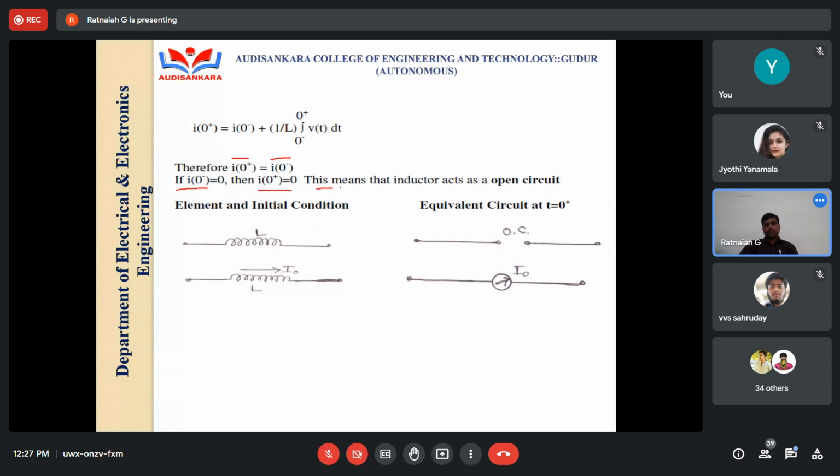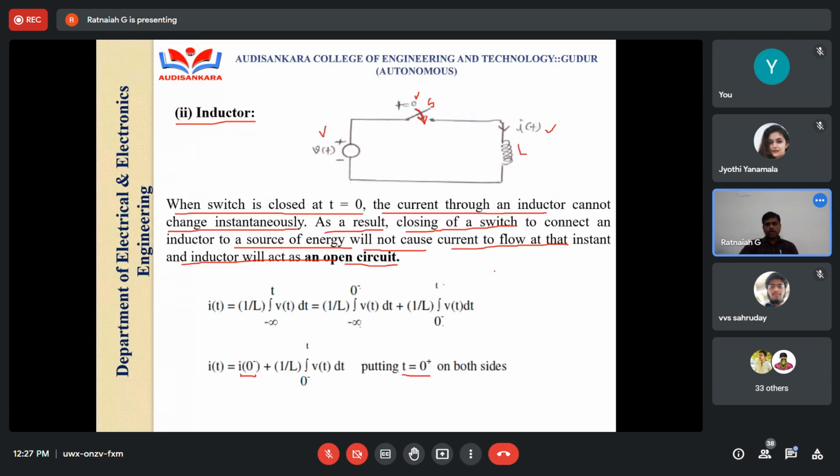This means the inductor acts as an open circuit before closing the switch as well as immediately after closing the switch. If you want to know this clearly, before closing the switch, what is the current in the inductor? That I am going to take as I of 0 minus. Generally it is 0, because if the switch is open, no current is passing through the inductor. Then immediately after closing the switch, what is the current in the inductor?